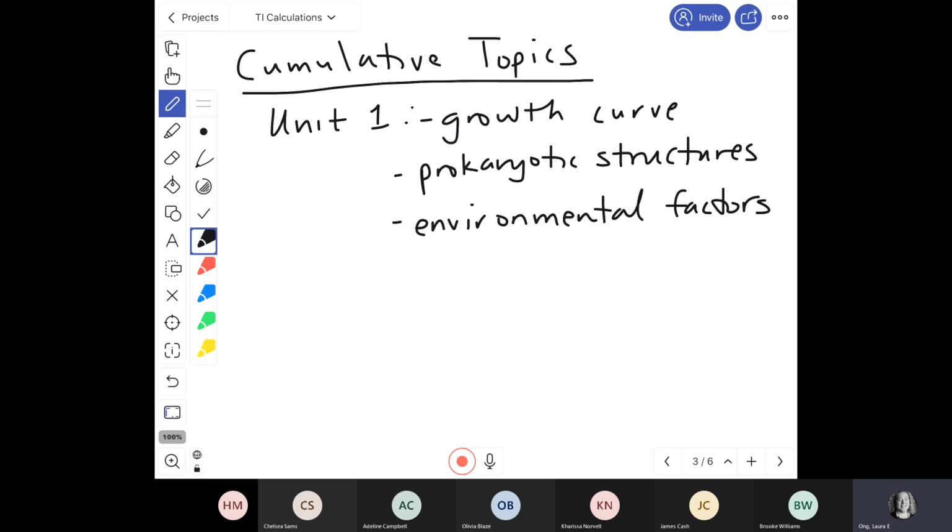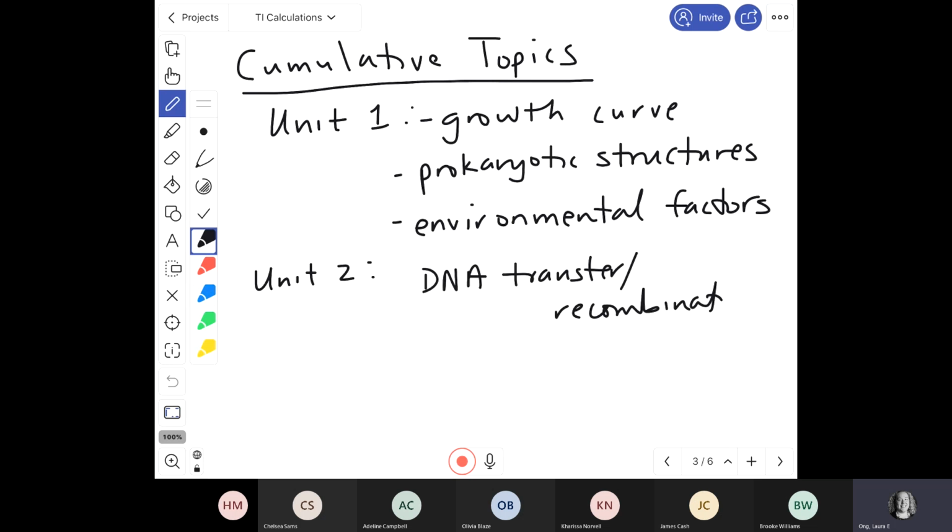There is also some material out of, what unit is this from? A little bit out of Unit 2, which is topics about DNA transfer or recombination. That particular lecture.